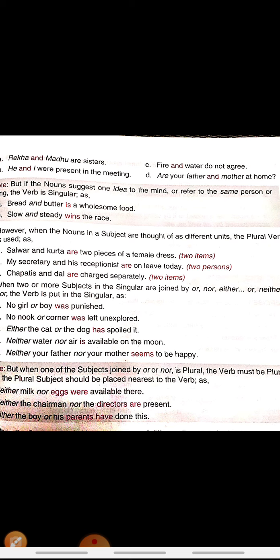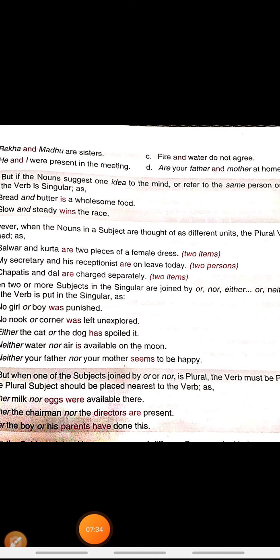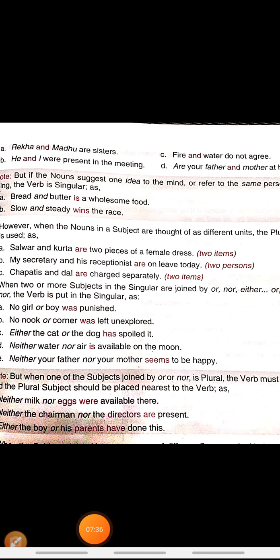So when there are two subjects and they are joined by either... So, when two or more subjects are joined by or, neither, either, or nor, and they are singular, then we use a singular verb.